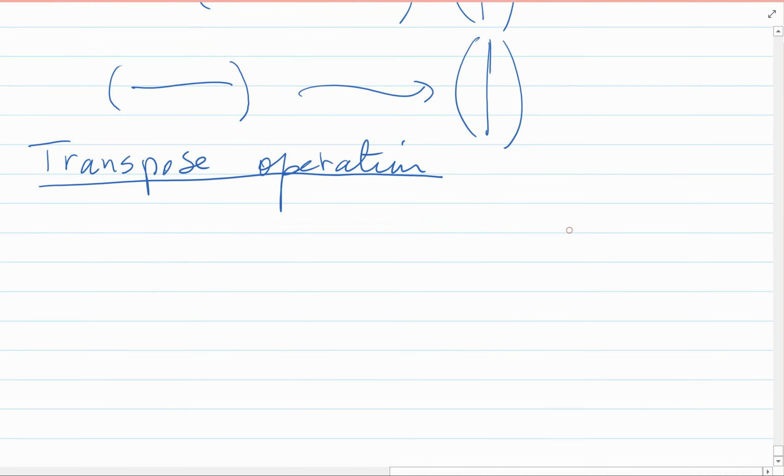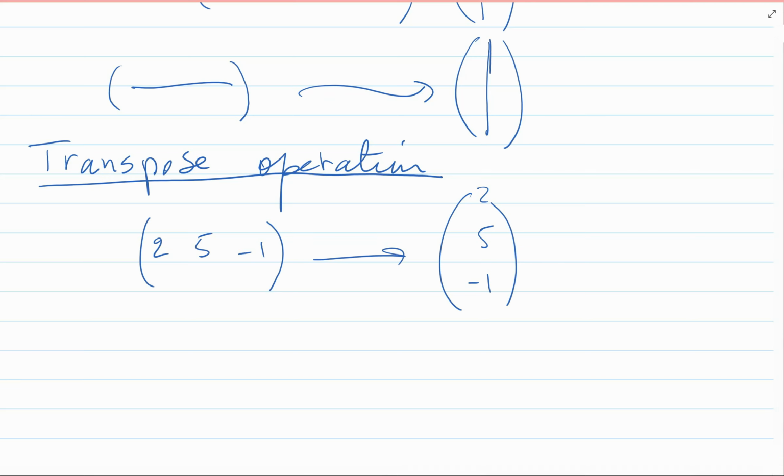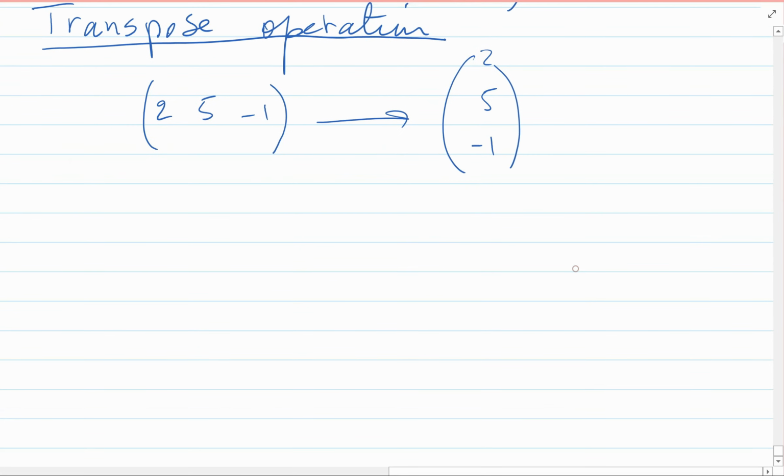For example, take 2, 5, and minus 1, a row vector, and you send it into a column 2, 5, minus 1, so it becomes a column vector. So the transpose operation transforms rows into columns. By the way, we write 2, 5, minus 1 transpose with a T.